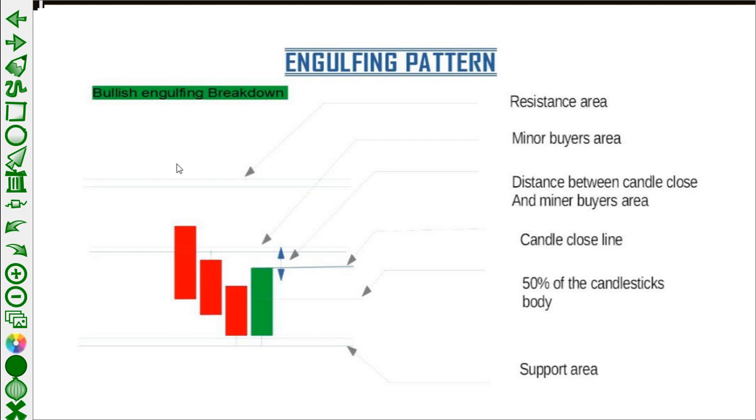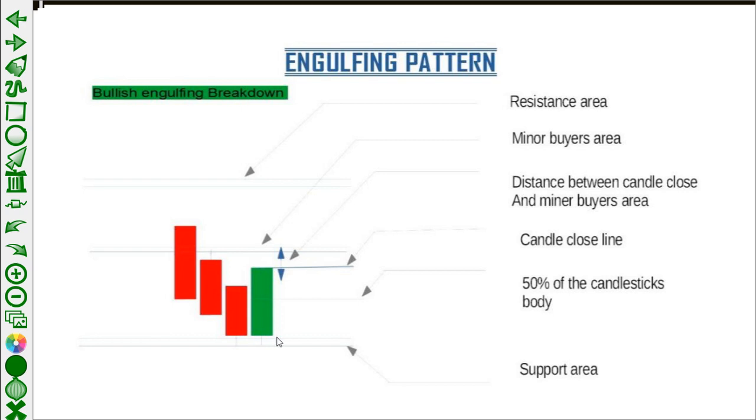In this image, you are seeing case 1 of the bullish engulfing pattern. This is the resistance area, this is the minor buyers area, and this is the support area.